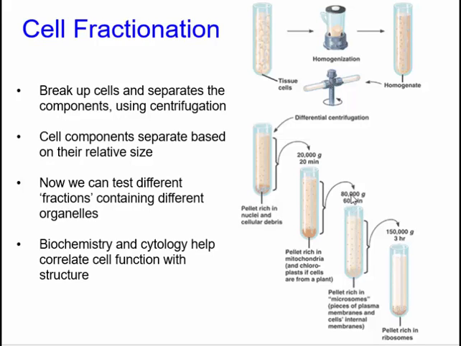Now we spin it even faster, 80,000 times gravity. Now we're getting other things that are smaller than mitochondria and chloroplasts. Those things are pelleting. And then we can do this again, pull off the liquid, save this, and then pellet the teeny tiny stuff like ribosomes. So this is a great way to separate out those bits of cells.